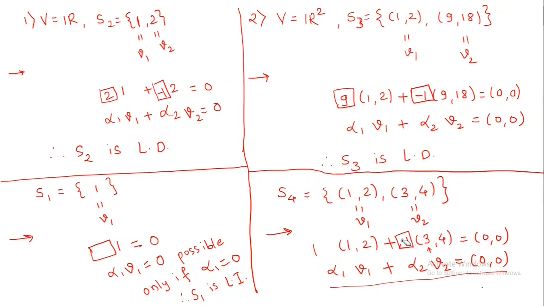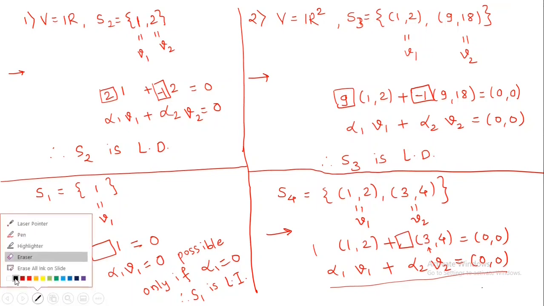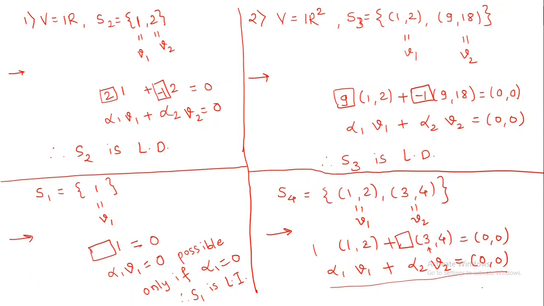My other guess naturally will be: since 4 is present here and here it is 2, I will try to think 2, and I will try to think alpha 2 to be -1.